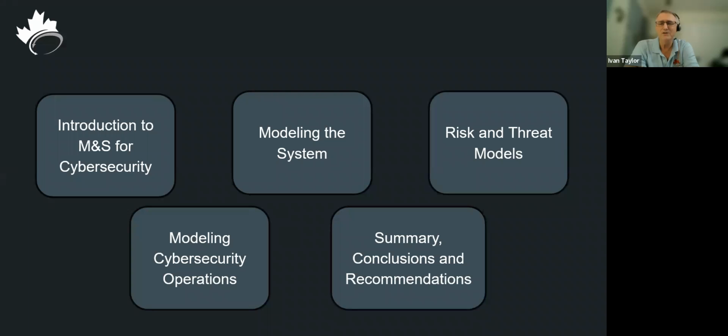And then we get into looking at risk and threat models and threats to the system. Then we move from there to cybersecurity operations and the modeling of those. And I'm going to finish with some discussion about testing for threats in a system, and then I'll have some summary conclusions and recommendations.